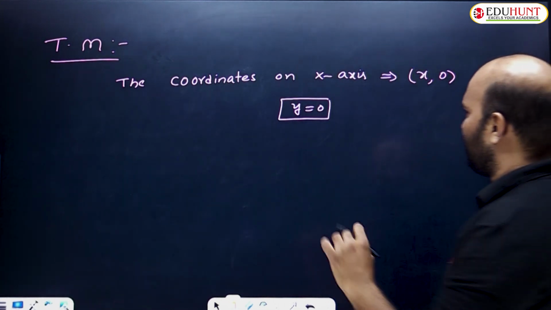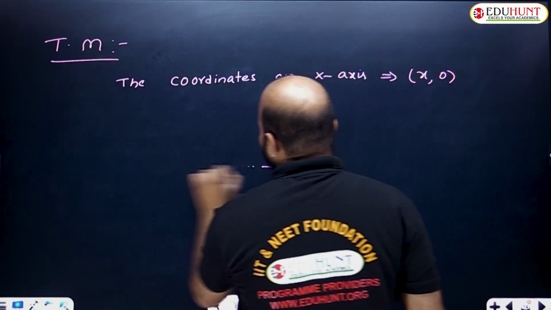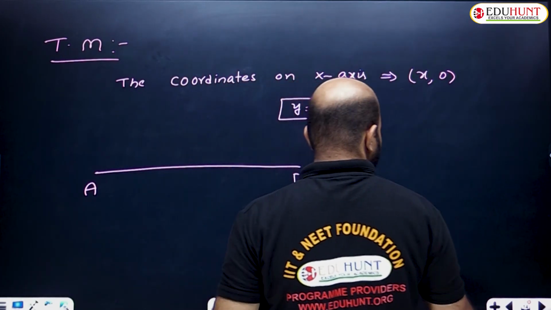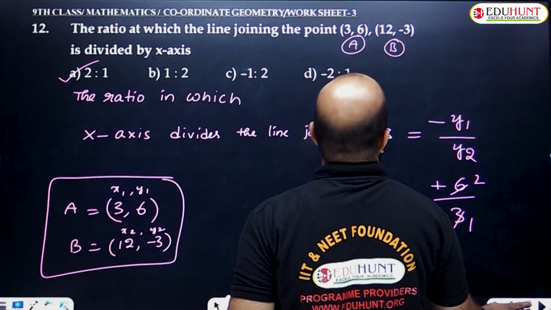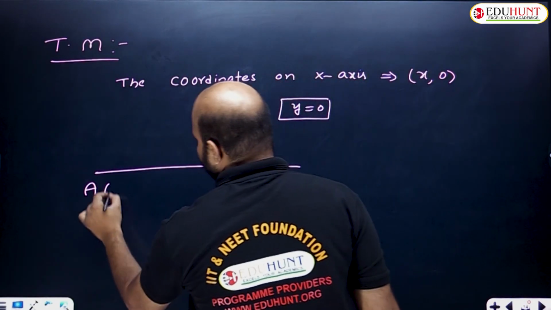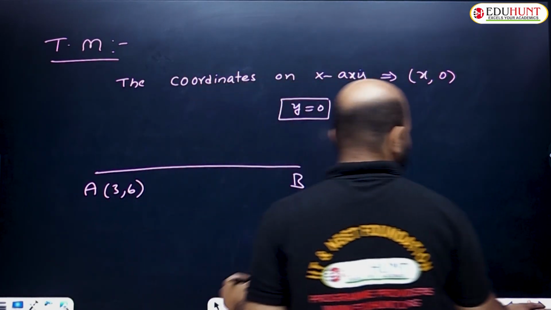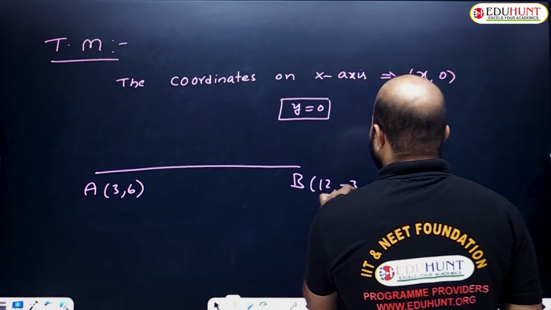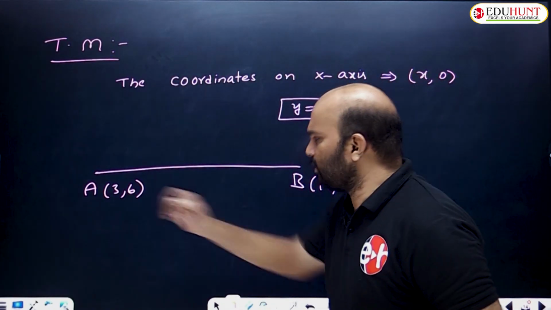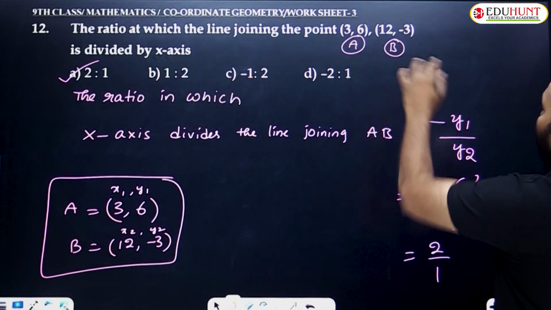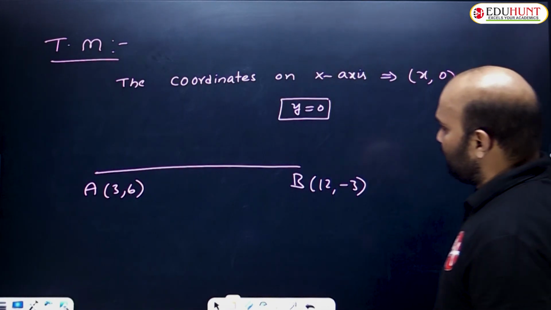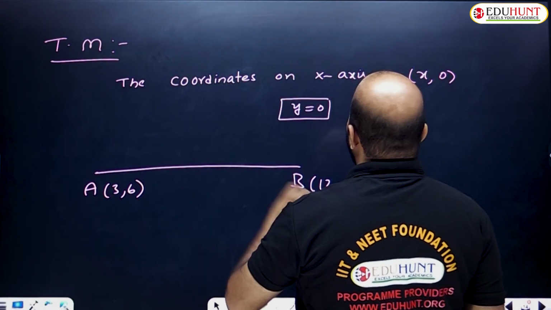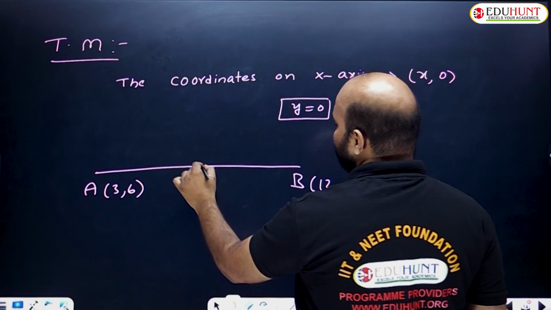So clearly we need to understand that the x-axis divides A and B. A and B are the line joining points. The A coordinates are (3, 6) and the B coordinates are (12, -3). The coordinates on the x-axis are the point at which the x-axis divides the line.